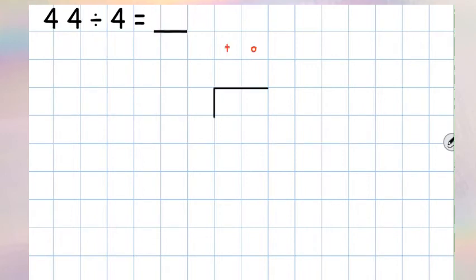The final method that we will use with the children is the bus stop method, which you may be familiar with and gives people nightmares from school. So here I will write the dividend in the middle, the big number. The divisor will go on the outside, and you can see here I've got a T and an O at the top of my screen. We try and get the children to use those place headers.